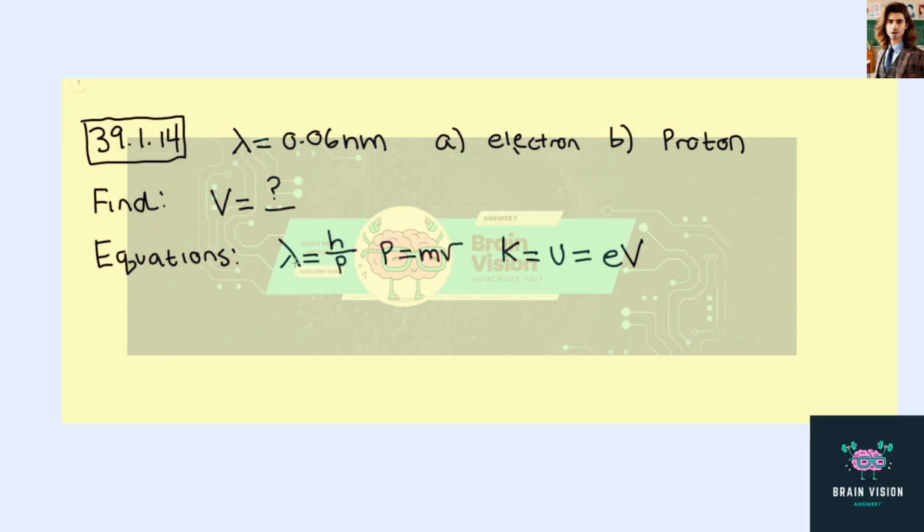So the equations we'll need: the definition of a de Broglie wavelength, which is the Planck constant h over the momentum of the particle. We need to remember the definition of momentum, p equals mv, of course.